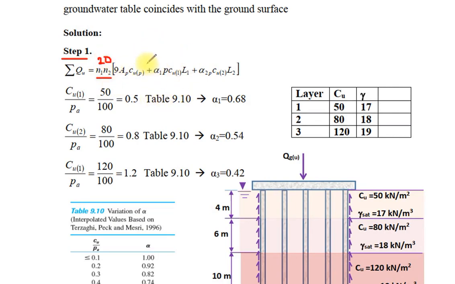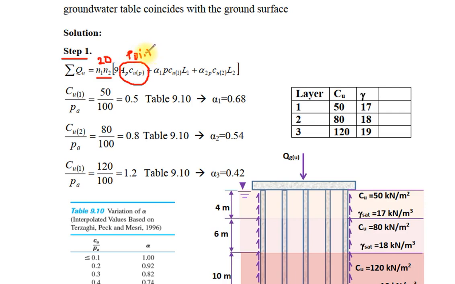Now to compute the ultimate bearing capacity for this group of piles, first compute the ultimate bearing capacity by the component point resistance.